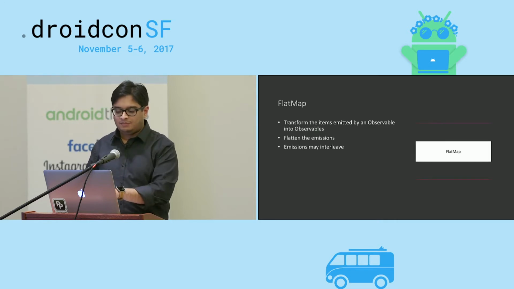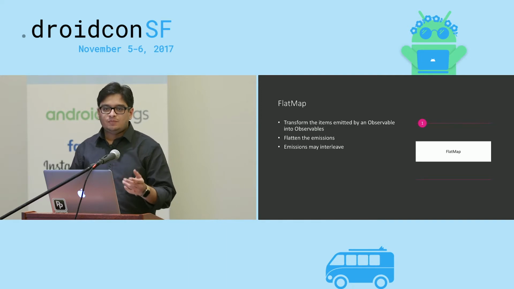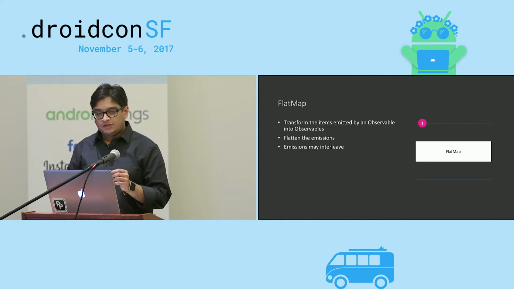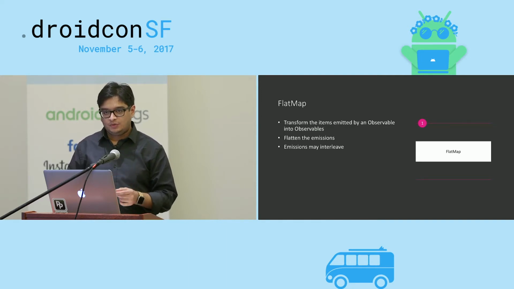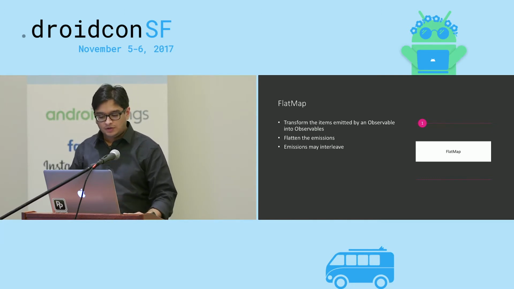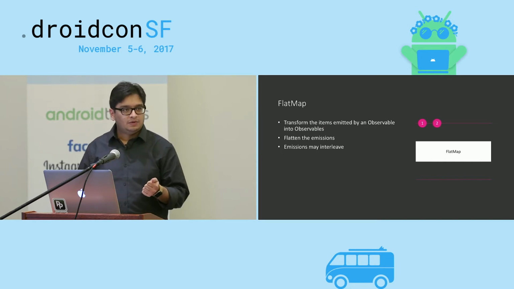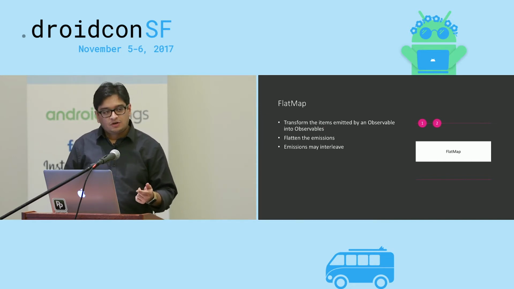So let's look at an example here. That's our source which is emitting an item 1, and say you're making an API call. And because of the flat map, it lets you apply a function to it. Say you made an API call making a request passing 1 to it. So you created a new observable. Source emits another item. So flat map is going to create another observable for it.